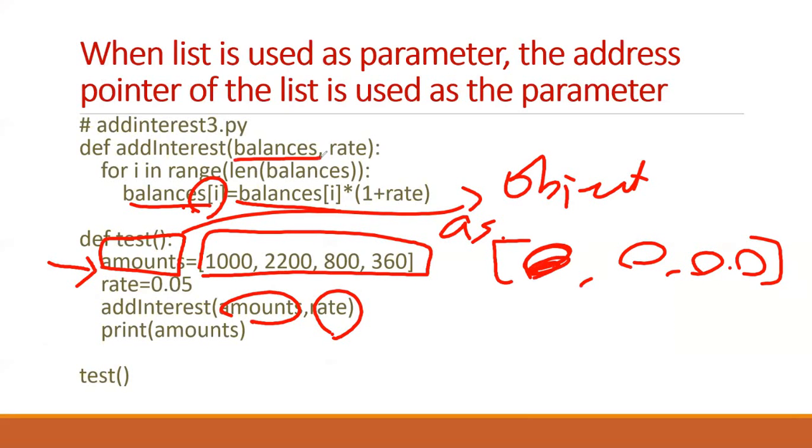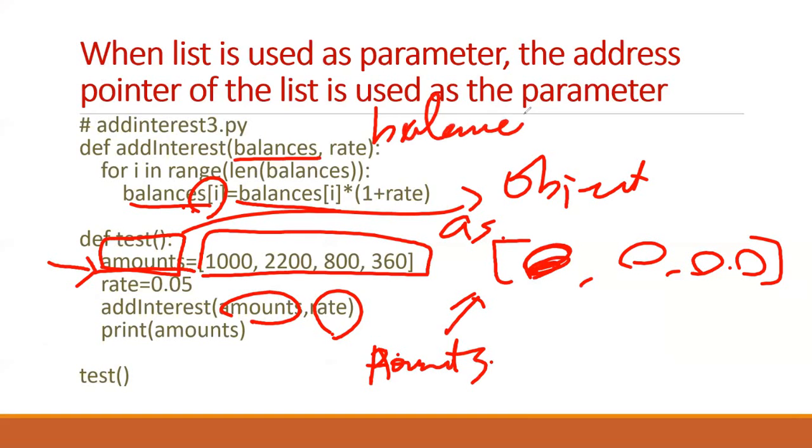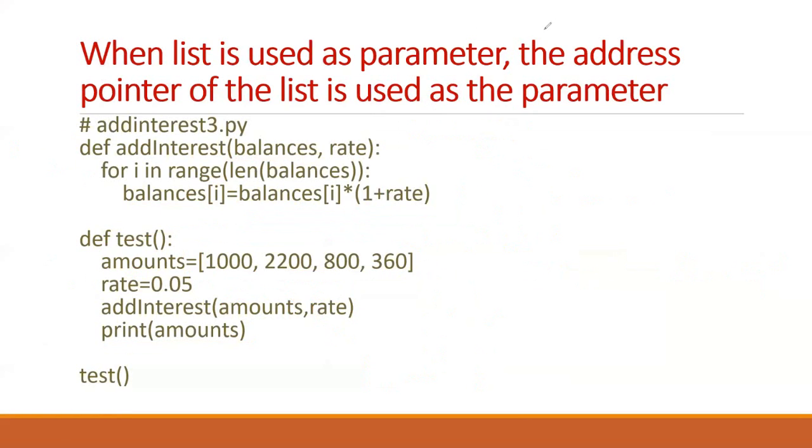Both balances and amounts are references, so my amounts is pointing to here and my balance is also pointing to here. In this case, it's call by reference because a list is an object. So you update all the values over there, and when you print out the amount, it will be the new value instead of the old value. It's not call by value. This one is call by reference.